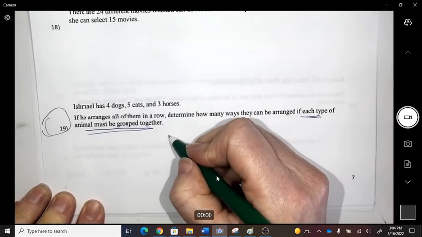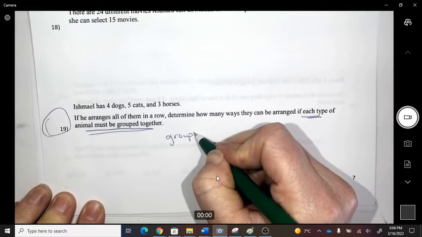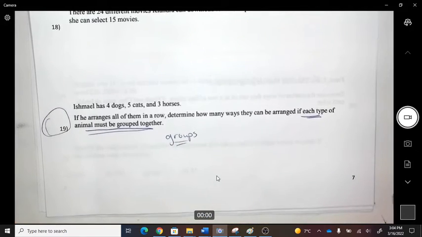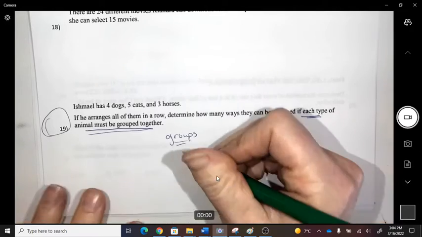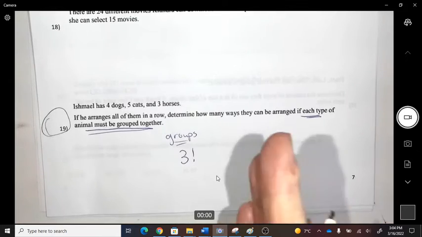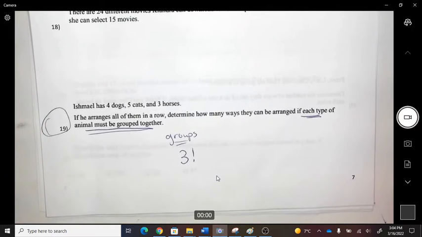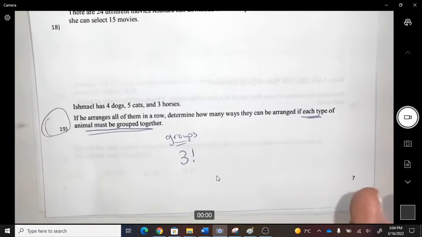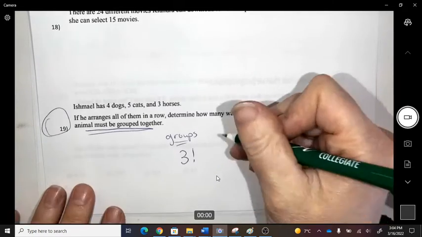Okay, so here's what's going on. How many groups do I have to move around? 3. I could put the dogs and then the cats and then the horses, or I could go cats, dogs, horses, right? Or horses, cats, dogs. I can move 3 groups around.